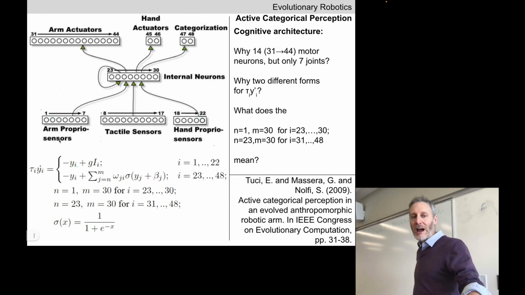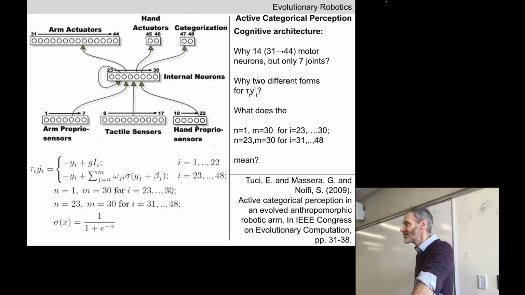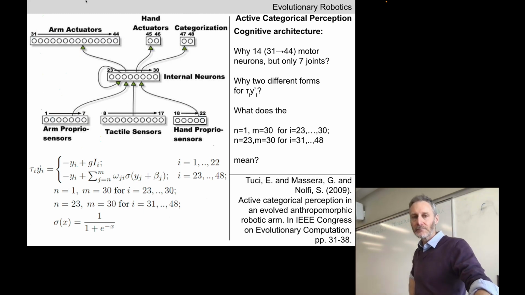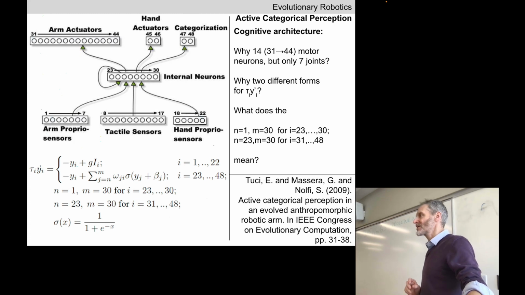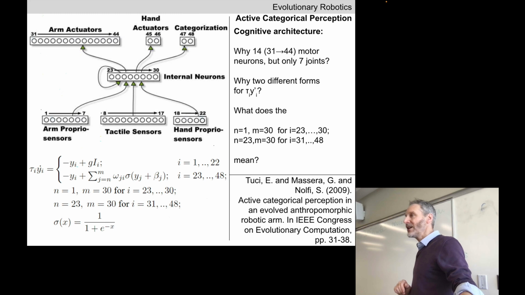Let's start with the graphical representation. On the bottom row here, we have all 22 sensors that are inside the robot. The top row here, these are all the motor neurons or the actuator neurons. Actuator and motor, for our purposes, is going to be exactly the same thing. There's 2 special neurons out here, the 47th and 48th neuron.